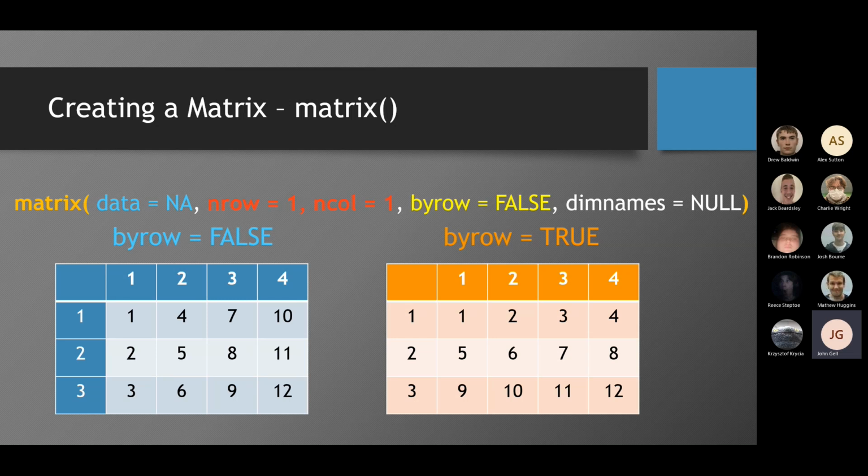Then it's going to go 5, 6, 7, 8, 9, yes? But if I say by row is false, it's going to do it by column, by definition. So it's going to go 1, 2, 3, 4, 5, 6, yes? Does that make sense? Now, why is that important?